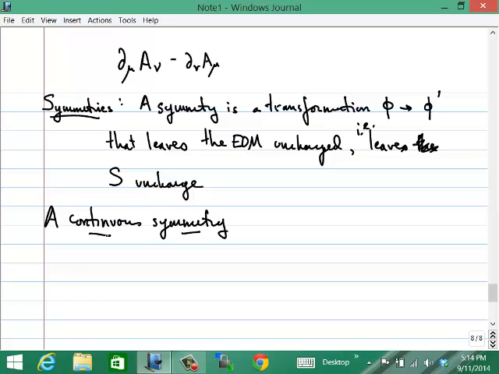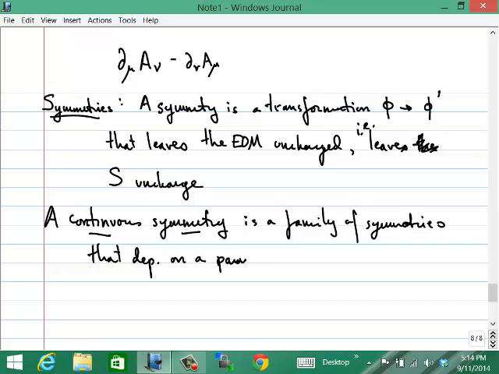So a continuous symmetry is a family of symmetries, that is to say, a family of transformations that depend continuously on some sort of parameter alpha, such that when alpha is equal to 0, you get the trivial symmetry, namely the one that doesn't do anything to the field.